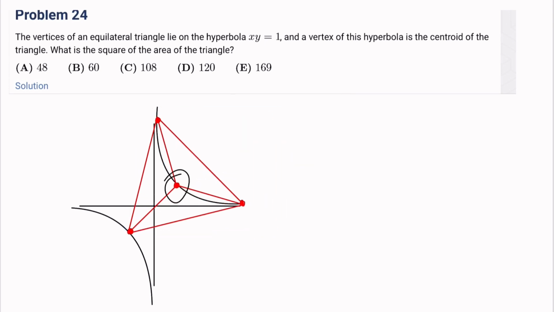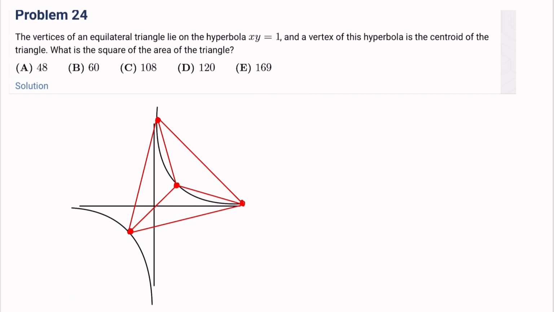So this would be the centroid of the triangle, and one vertex lies on this point right here, because since this entire hyperbola is symmetric over this line y equals x, that means that the triangle must also be symmetric to that line, right? And so the only other vertex that is on that line is this one.